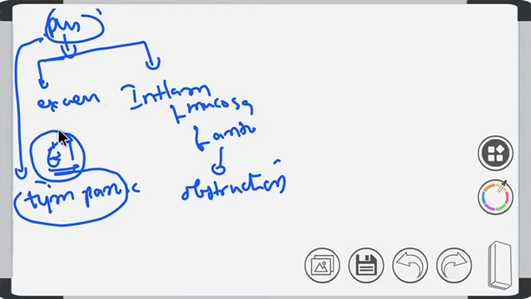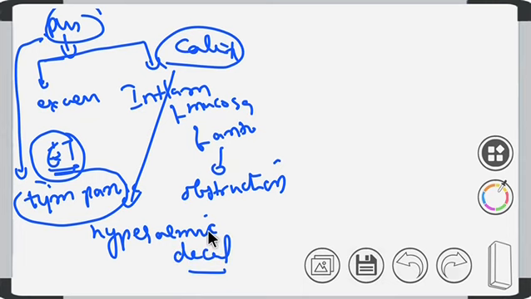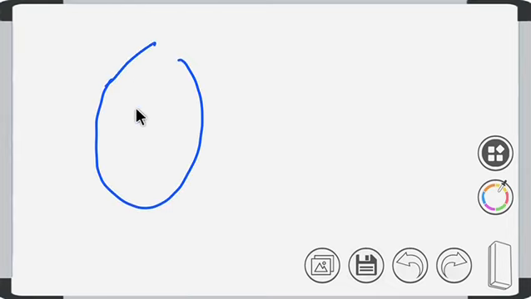As I told you, there is decalcification, right? This decalcification has a separate term called hyperemic decalcification. Clear? Now there is accumulation of pus in the mastoid. All the air cells have coalesced into a cavity, right? That means all this is pus.